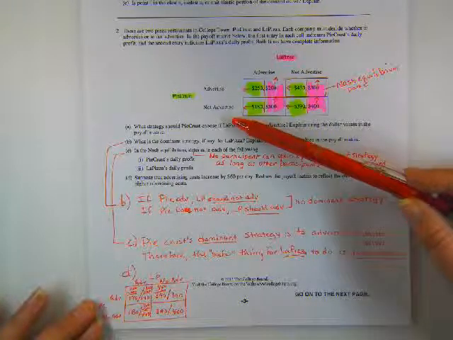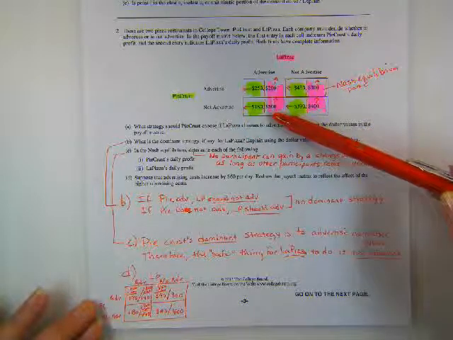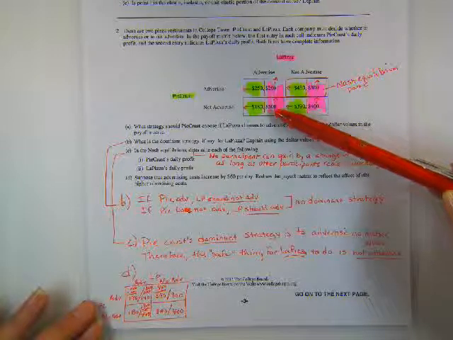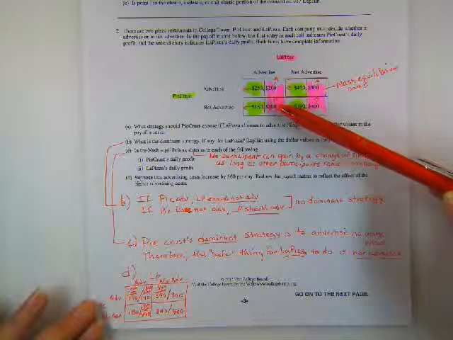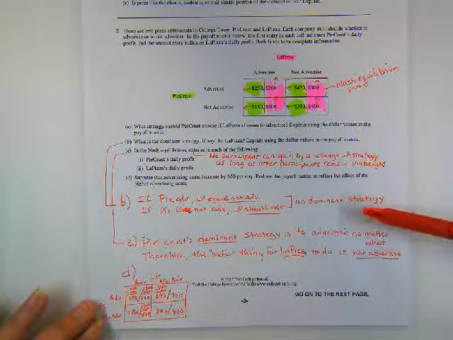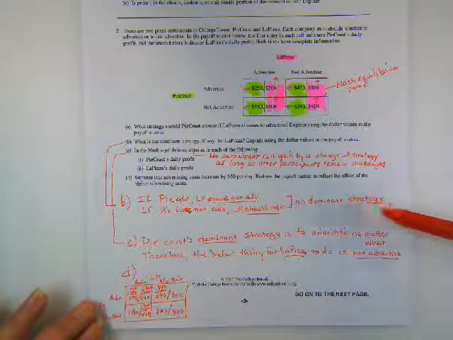However, if Pie Crust does not advertise, La Pizza makes more money if they do advertise. So, since they have a different strategy that's more effective in each situation, La Pizza does not have a dominant strategy. So that's your answer for part B. There's no dominant strategy for La Pizza.